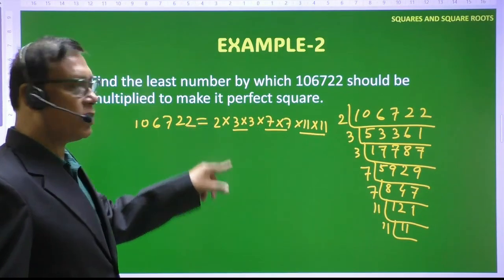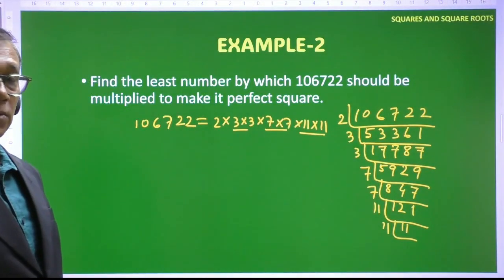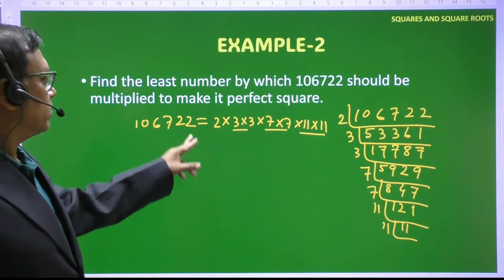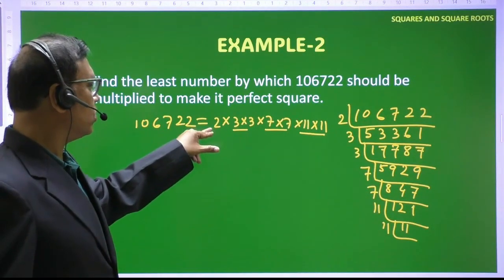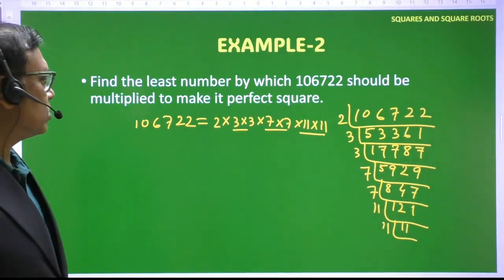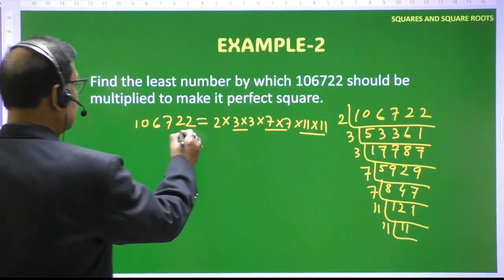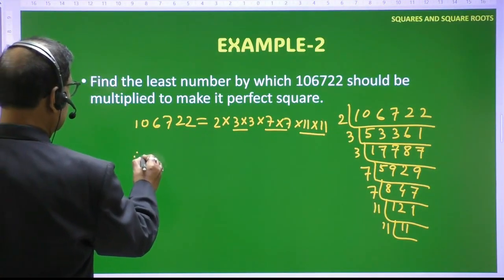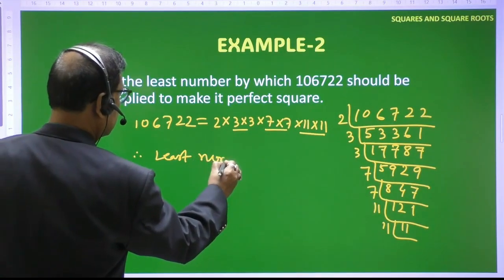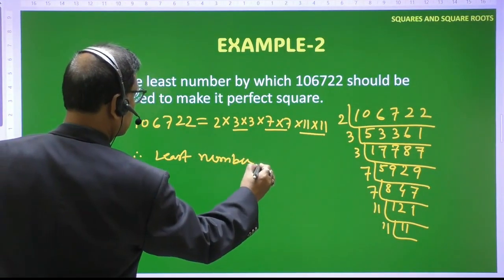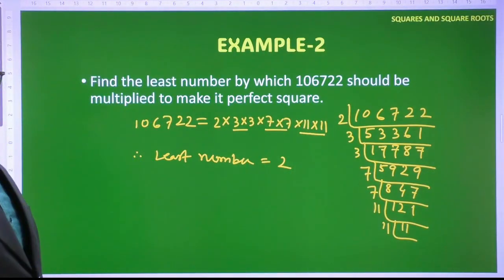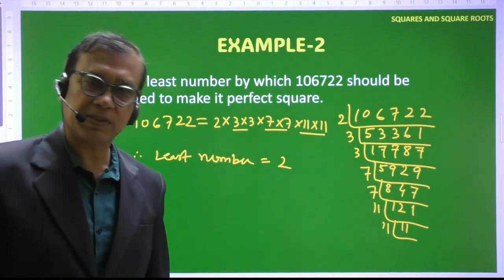So minimum we want one more 2 to make it a perfect square. Yes or no? Because if I take one more 2, then it will be paired. So here the least number is equal to 2. So 2 will be the answer. I think this part is clear.